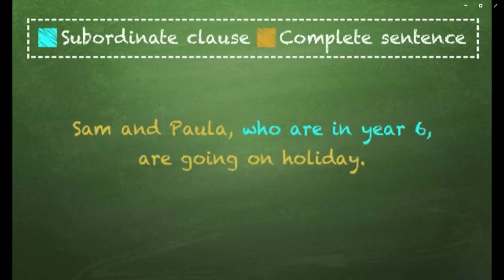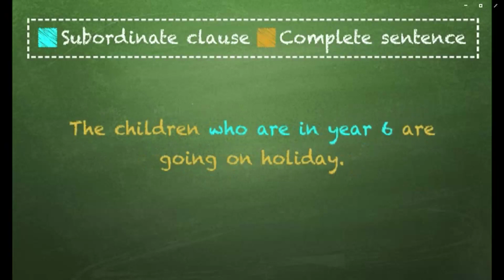If the subordinate clause provides non-essential information, it's separated with a pair of commas. If the subordinate clause is essential to the understanding of the rest of the sentence, commas are not required. The clause is essential because we need to know which children are going on holiday.